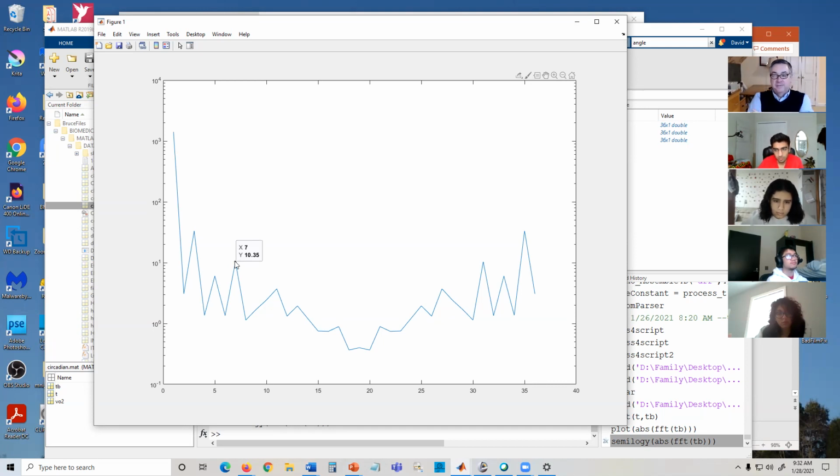is 6 units, MATLAB index. And the way I'm going to refer to that particular unit is MATLAB index, because that's basically the index into the array. But that's frequency 6. And so it completes 6 cycles over the 48-hour period.